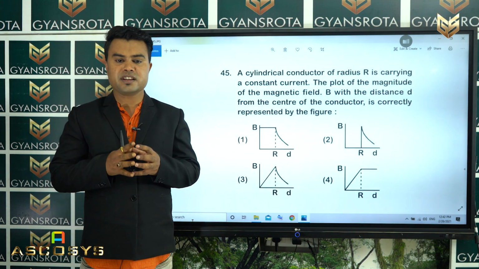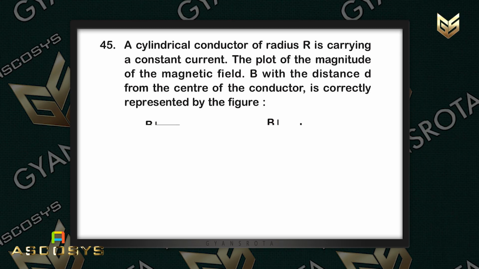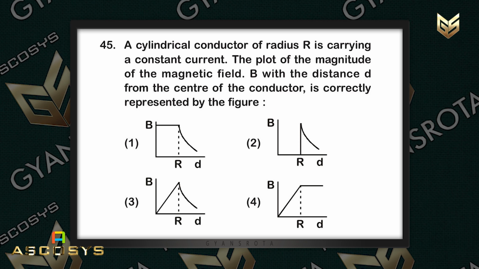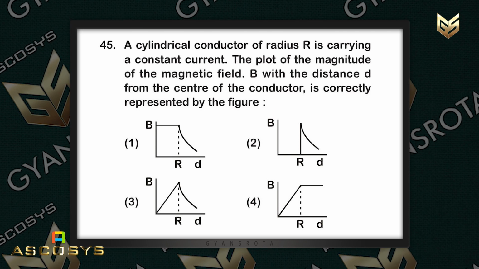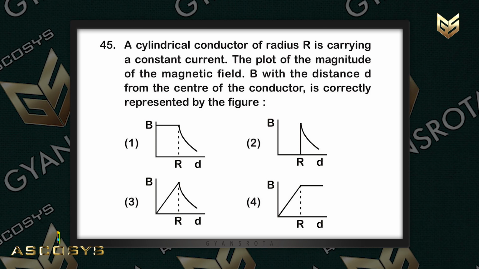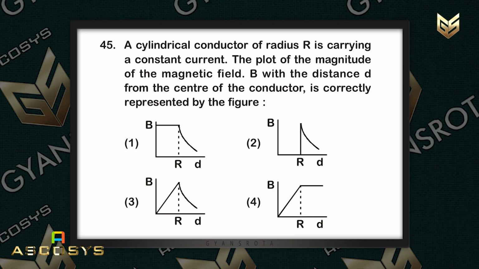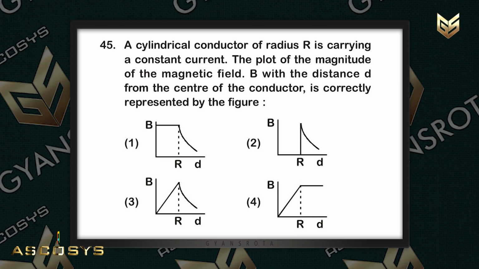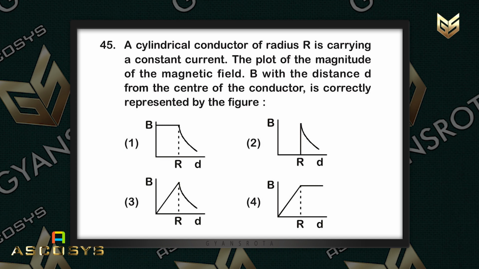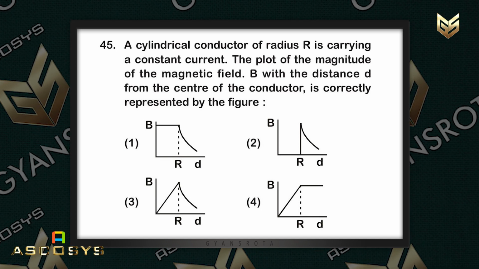Question number 45 says that a cylindrical conductor of radius r is carrying a constant current. The plot of the magnitude of the magnetic field B with the distance d from the center of the conductor is correctly represented by the figure.